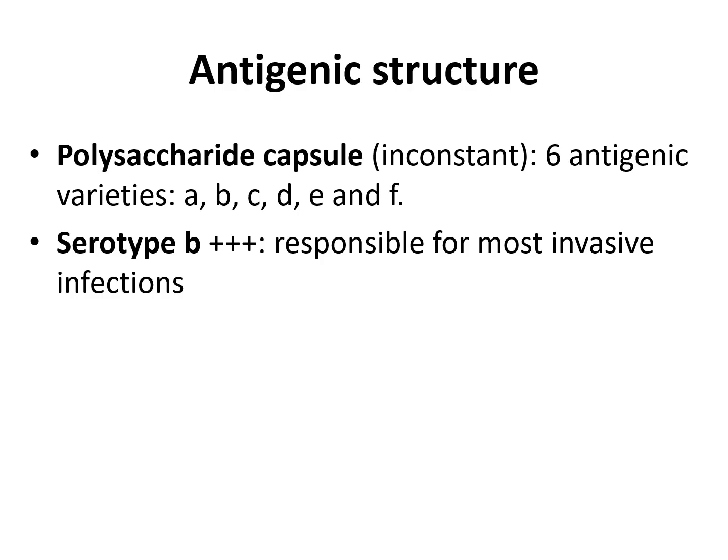Moving on to the antigenic structure. Some strains of Haemophilus influenzae possess a polysaccharide capsule. This capsule is inconstant, meaning not all strains have it. For those that do, there are six different antigenic varieties, labeled A through F. Among these, serotype B is the most important as it is responsible for the majority of invasive infections such as meningitis.